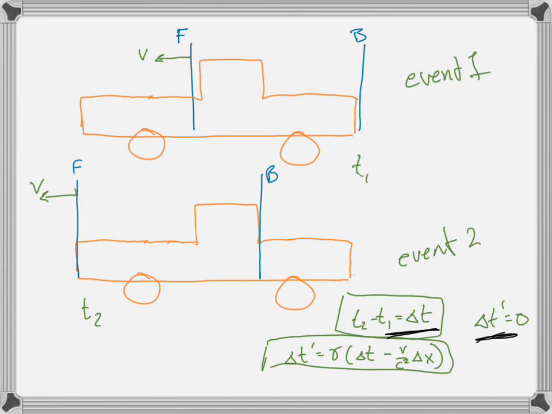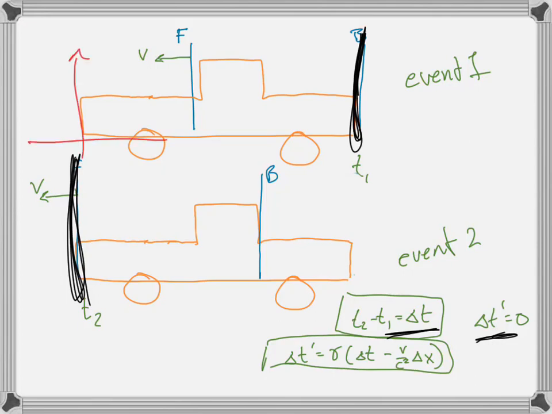What's the distance between this event of the back of the car being at the front of the garage and this event, the front of the car being at the back of the garage, according to the frame of reference attached to the car? So this is the unprimed frame of reference.